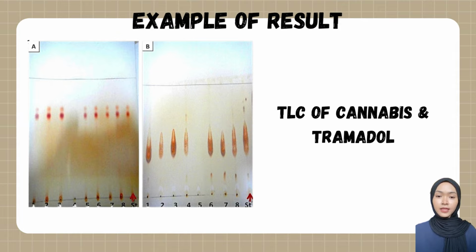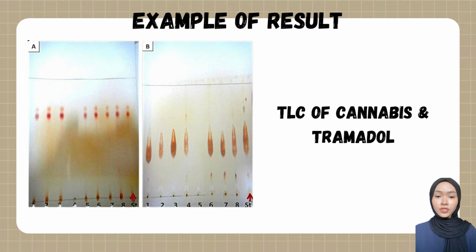Aside from that, this TLC plate gives us another useful comparison: cannabis versus tramadol. Cannabis contains natural compounds like cannabinoids, while tramadol is a synthetic opioid with a completely different chemical structure. As shown on the plate, the spots from these two substances appear at clearly different positions, showing how well TLC can separate them.